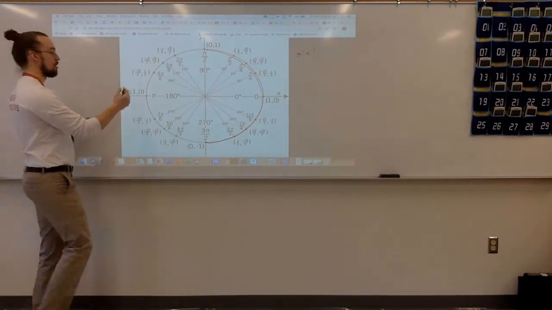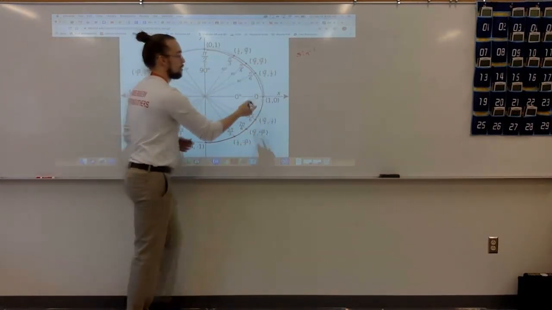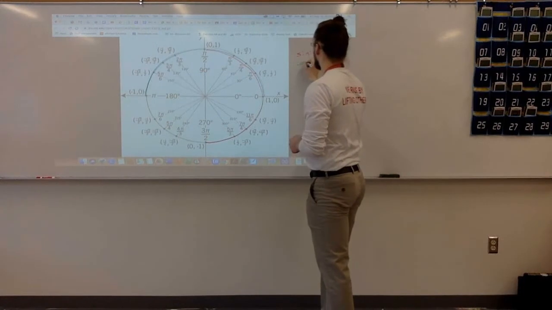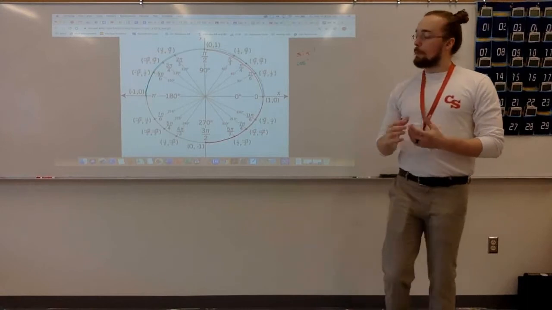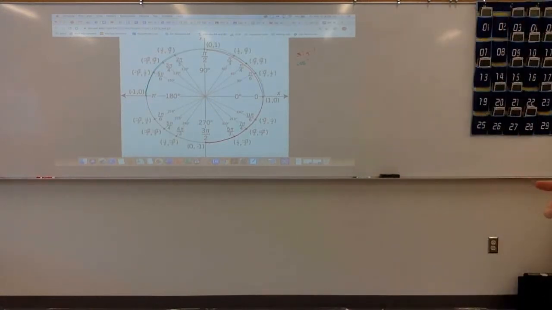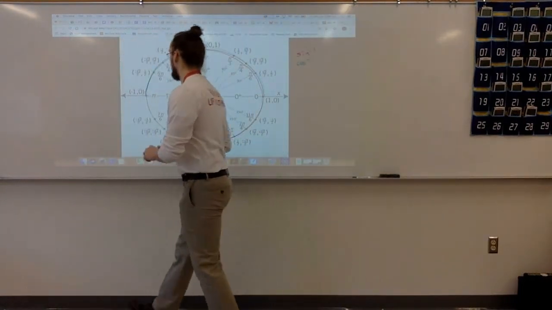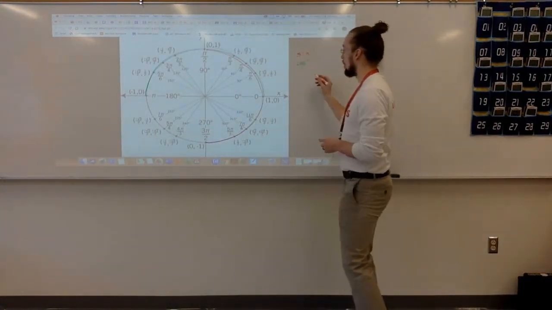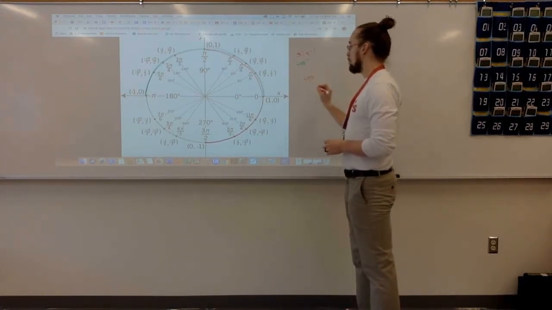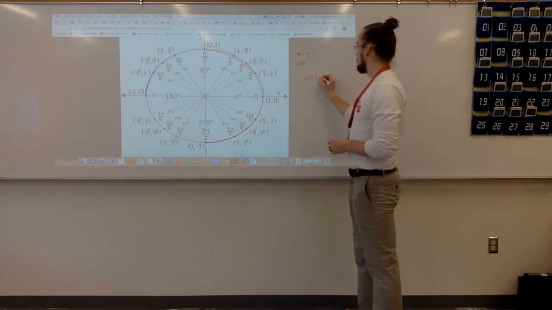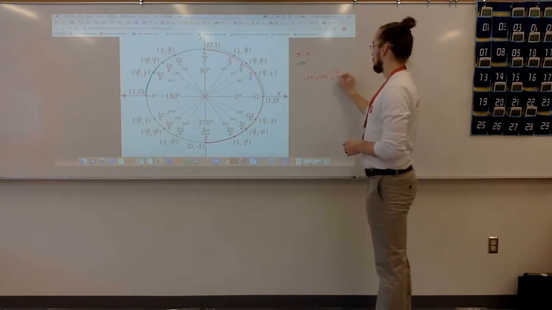Inverse cosine then goes from 0 to pi. So what we can do with things like this on the unit circle is evaluate something like the cosine of the inverse cosine of pi over 4.